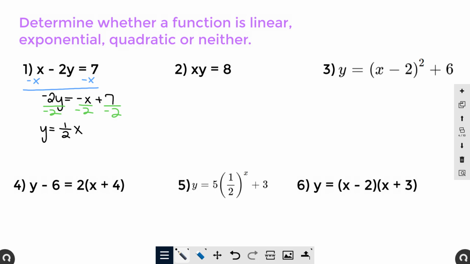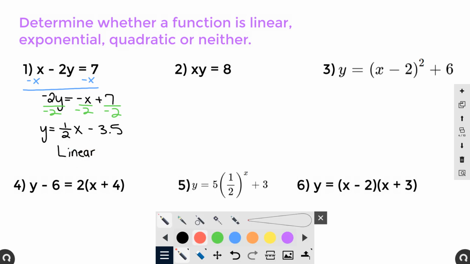And then 7 divided by negative 2 is negative 3.5, or you can leave it as the fraction, 7 over 2. Now that it's solved for y, we can definitely identify this. This would be a linear function. That's right. It looks like y equals mx plus b.